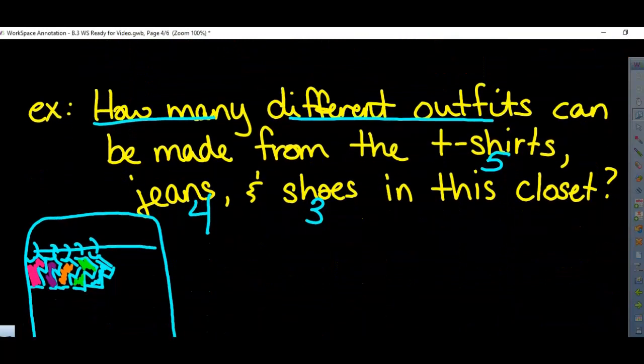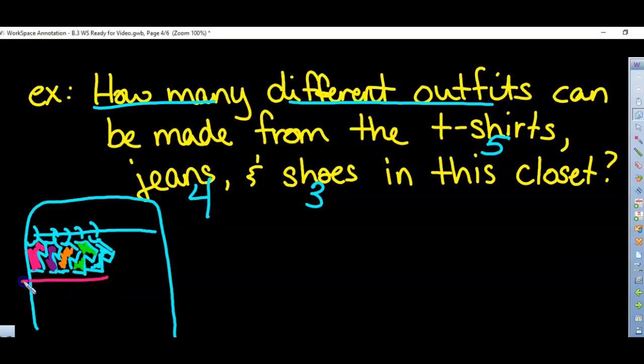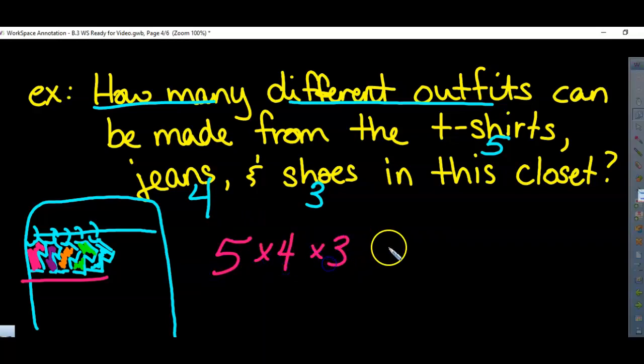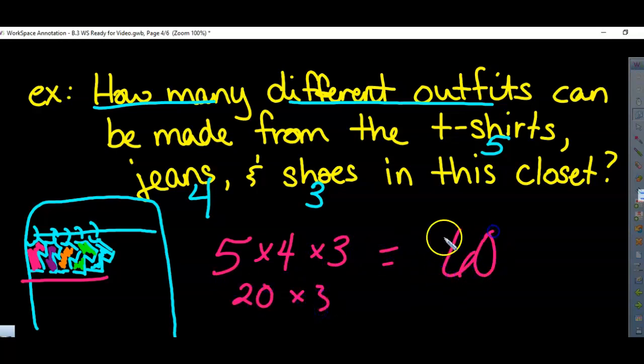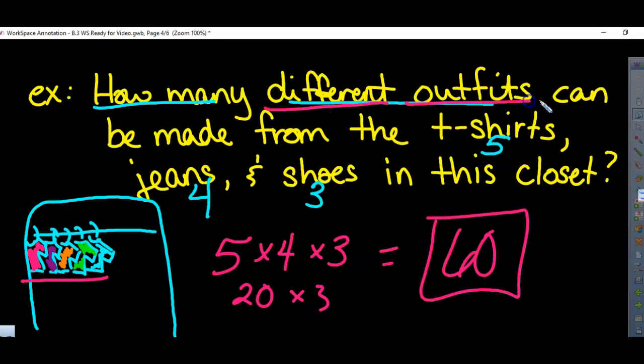So going back to our closet, we have 5 shirts, 4 jeans, and 3 shoes. The fundamental counting principle says to simply take 5 times 4 times 3. 5 times 4 is 20, times 3. We have a total of 60 possible different outfits.